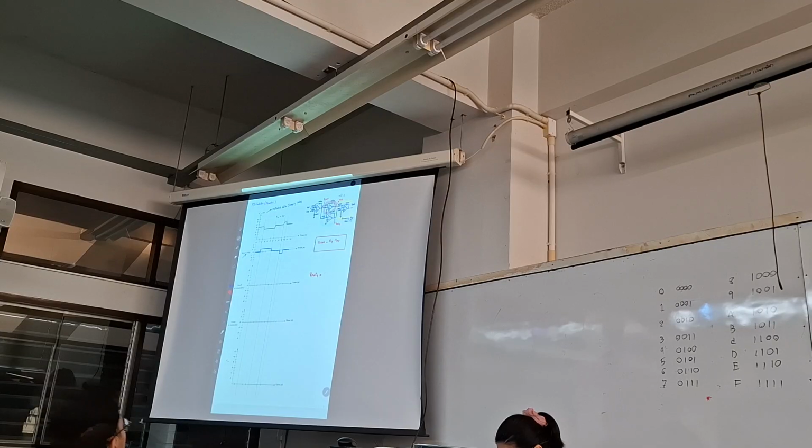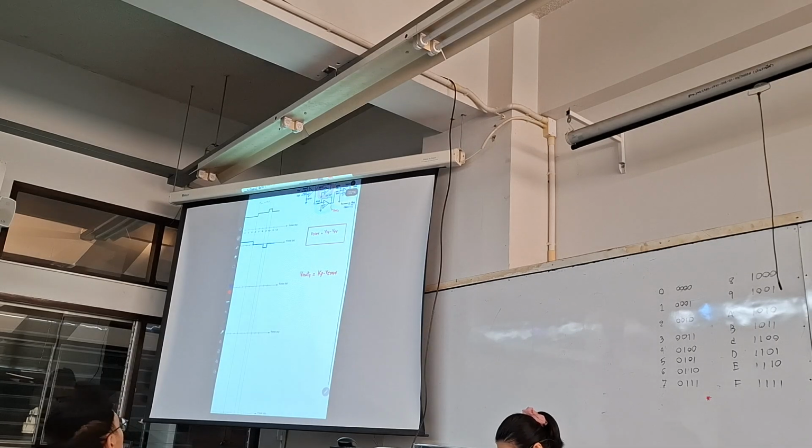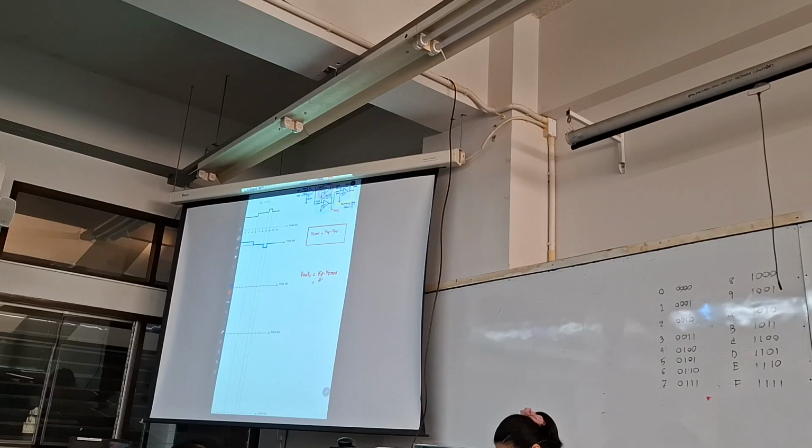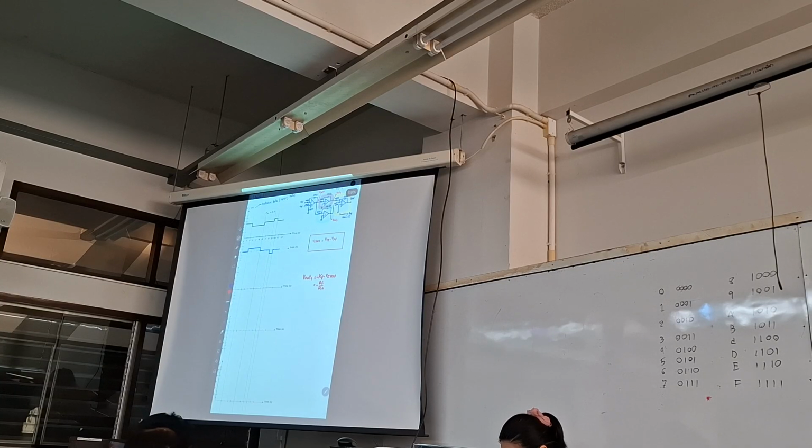So you will have KP multiplied with V. KP is the gain, equal to RF divided by RIN, but it is negative because it is an inverting amplifier. Then you will get minus 30k ohm over 10k ohm, so you have minus 3 multiplied with V.